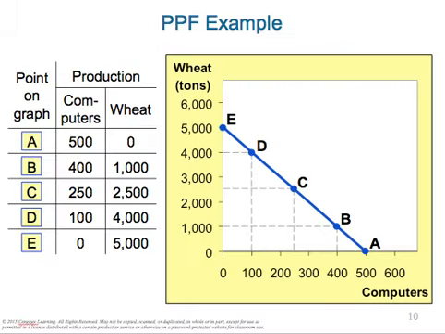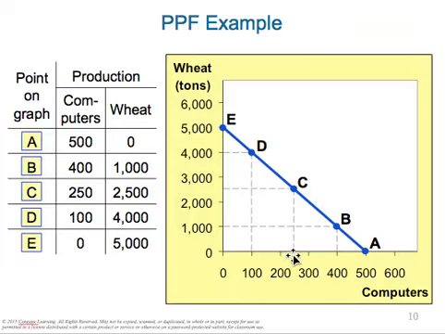Now, we can graph this. Again, the different points on the graph here: 500 computers, 0 wheat, all the different combinations all the way down to 0 computers and 5,000 tons of wheat. You'll see that at A we're producing 500 computers and 0 tons of wheat. At B, we're producing 400 computers and 1,000 tons of wheat.